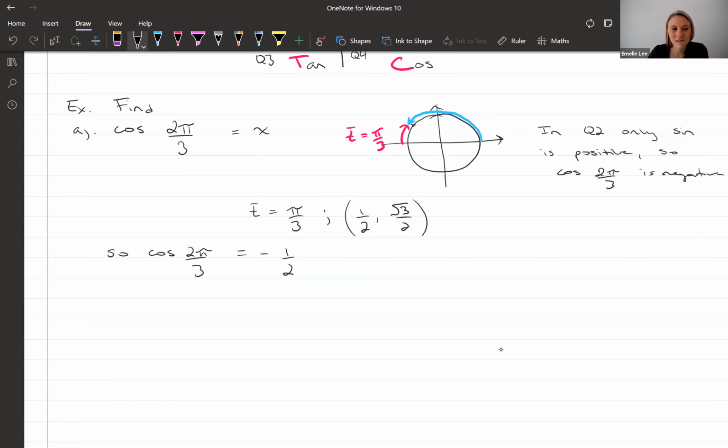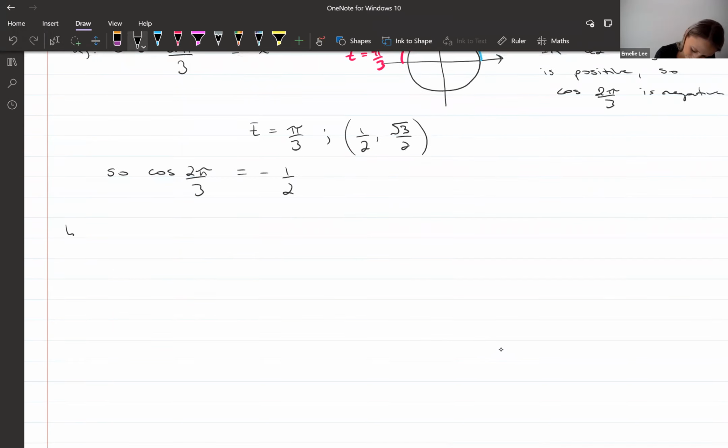Since x is negative in Q2, but also sine is the only one that's positive. So we've got two things to back us up on why it should be negative.